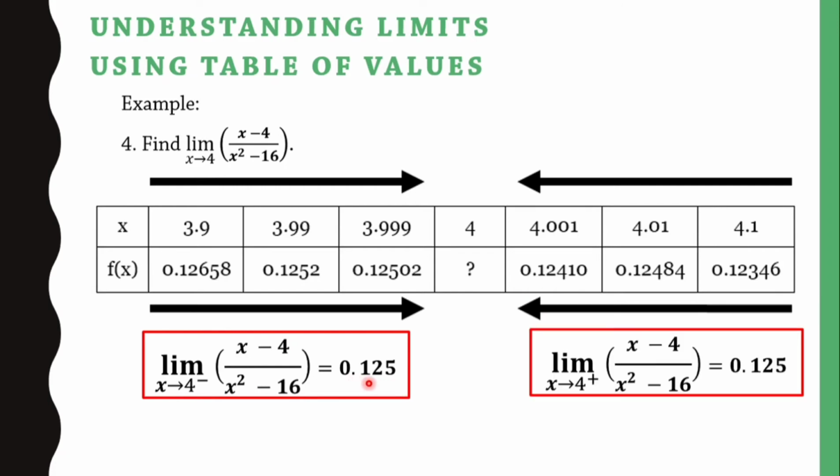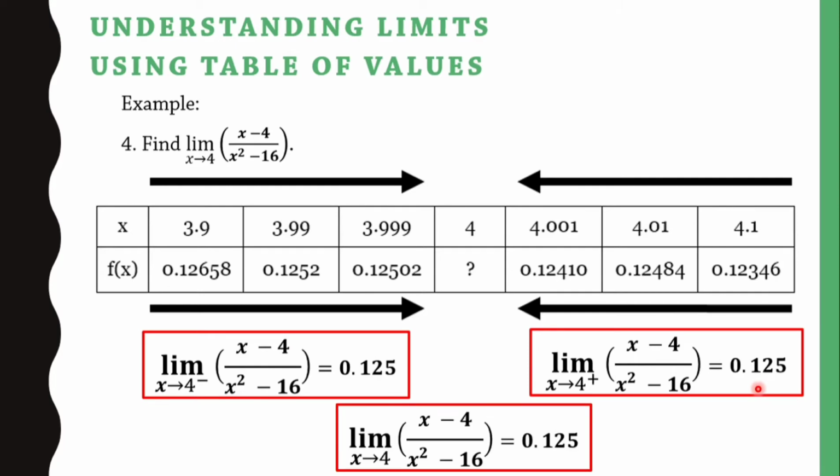That's the same value from the left and from the right. Therefore, we can say that the limit of x minus 4 over x squared minus 16 as x approaches 4 is 125 thousandths or 0.125.